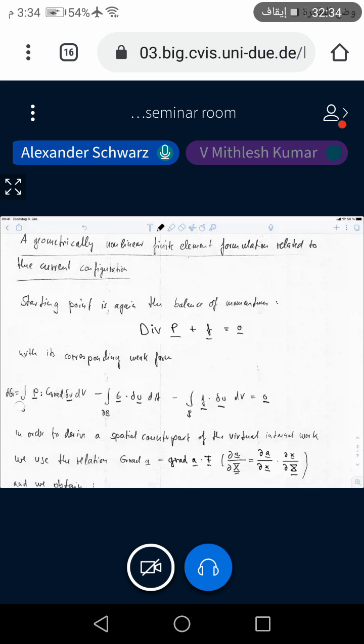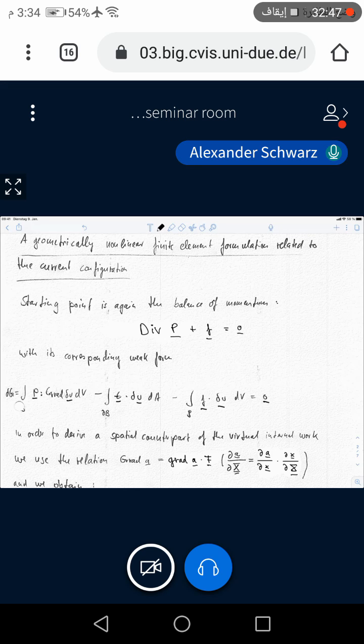Maybe it was my bad writing, this is a T. Okay, perfect. At the end we also use something which looks like an epsilon, but anyhow, in this course in nonlinear FEM we are always treating large strains and have other strain measures.